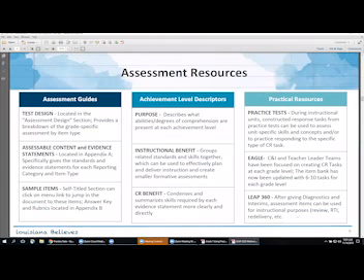The only thing that I would strongly suggest here is that you do not pull these items before the child actually takes the diagnostic or the interim, because that will make the results invalid. So again, this is just a review of some of the assessment resources that are available to support instructional practices and really dive into these constructed response tasks.